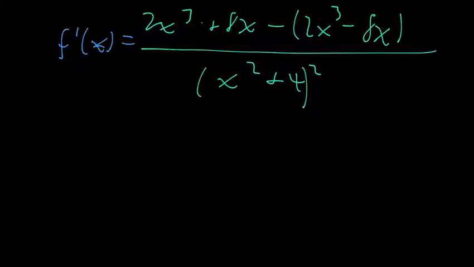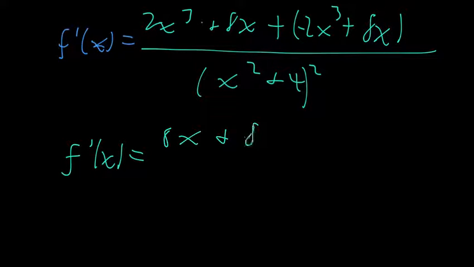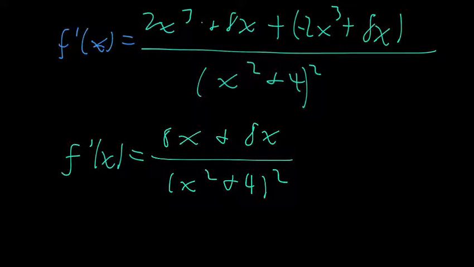So let's keep simplifying. If we go ahead and distribute this negative sign in the numerator, the negatives are going to cancel out, and this will become positive here. So the 2x cubes are going to go away. So we'll have that f prime of x equals 8x plus 8x over x squared plus 4 squared.